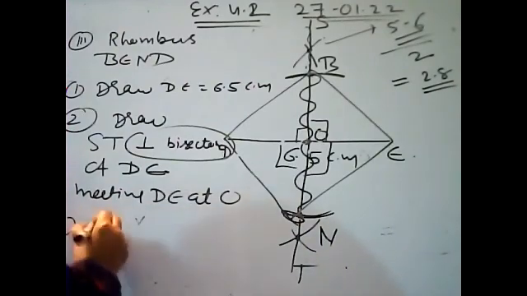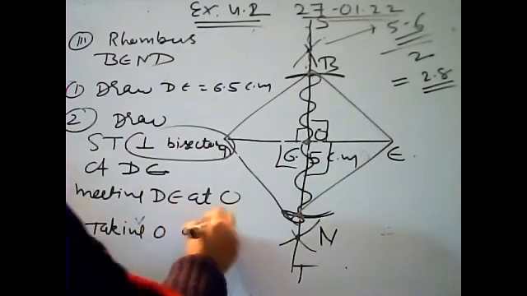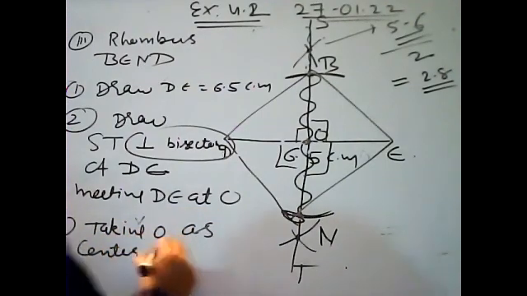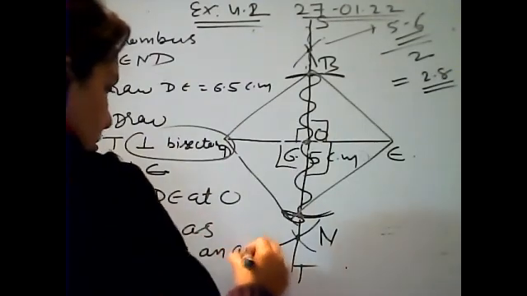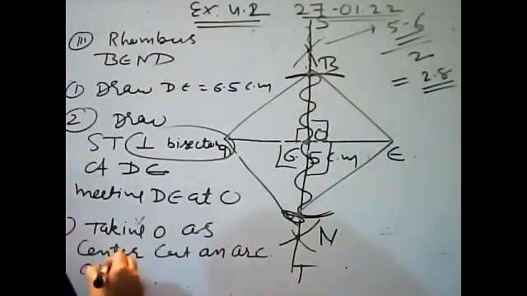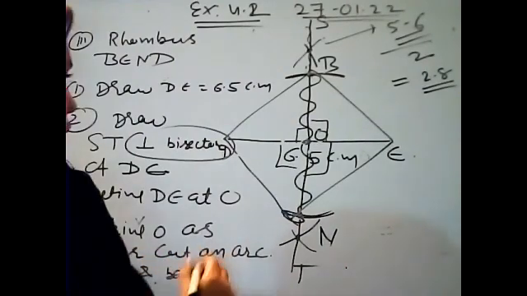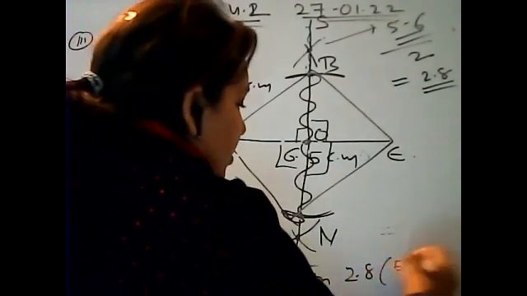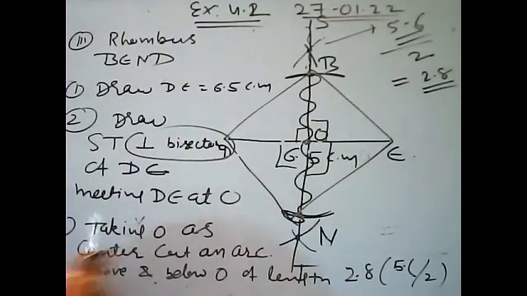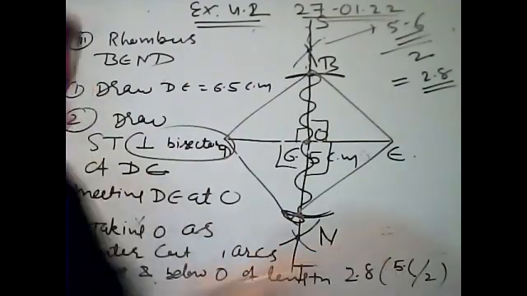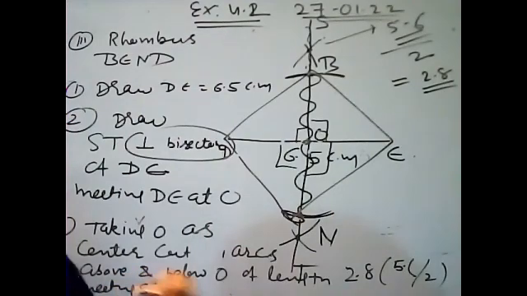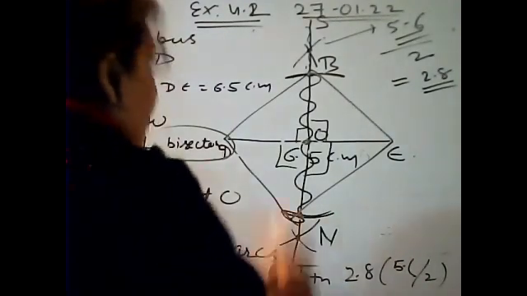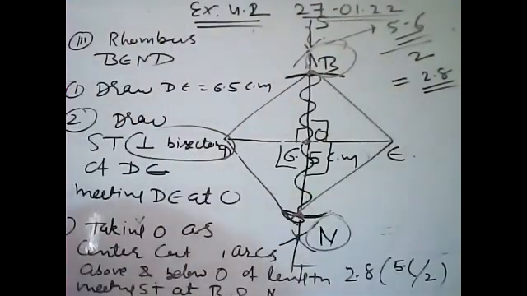Next step, taking O as center, cut arcs above and below O of length 2.8, ब्रैकेट में लिख लो 5.6 upon 2, इसका हाफ, meeting ST at B and N. सारे पॉइंट्स आगे.